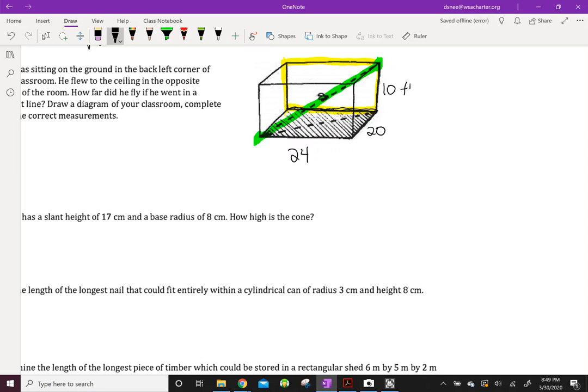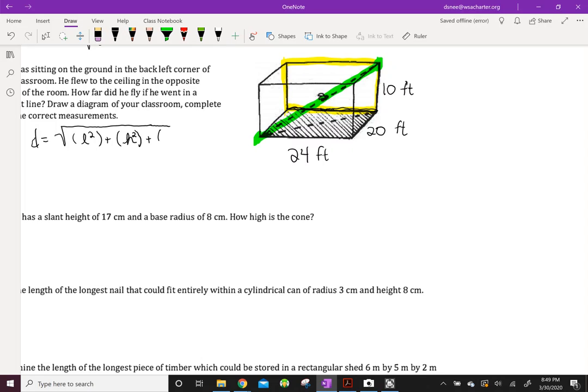Okay, so if these are our dimensions, then I can use that formula that says the diagonal d is equal to the square root of L squared plus H squared plus W squared.